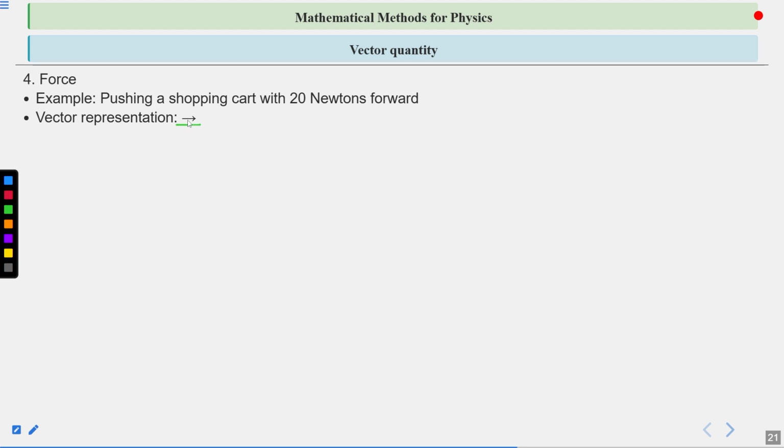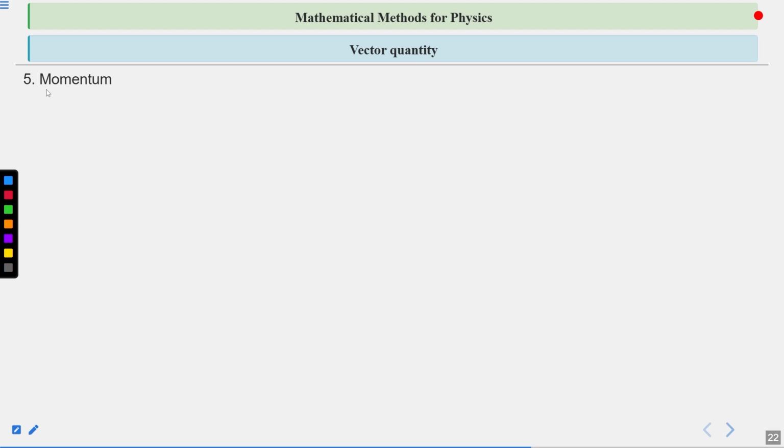This arrow is the representation of the vector quantity. Magnitude 20 newtons and direction is forward. I hope this is clear. This vector term is clear. It consists of both magnitude and direction.